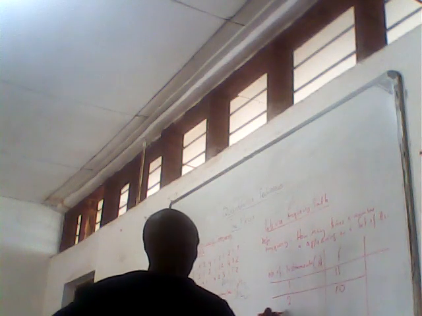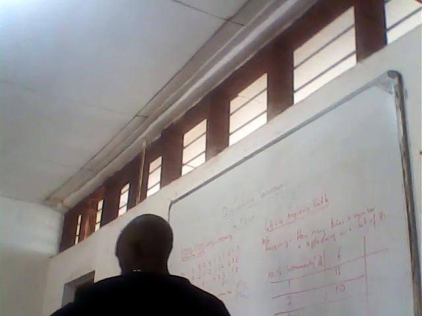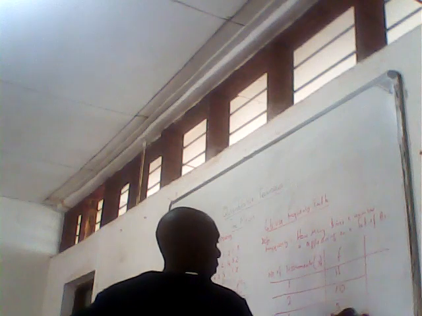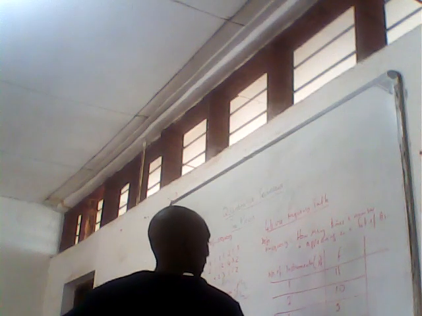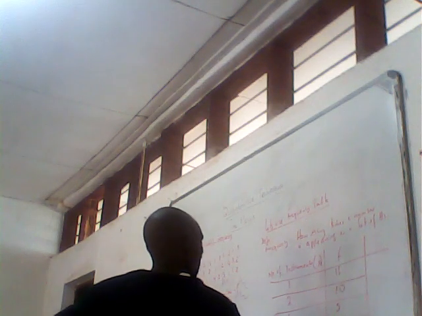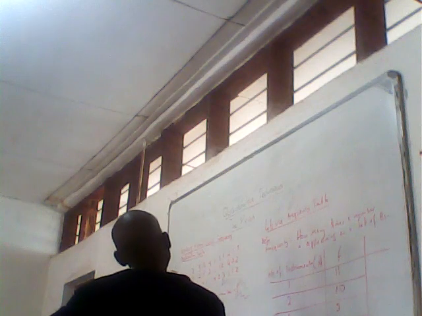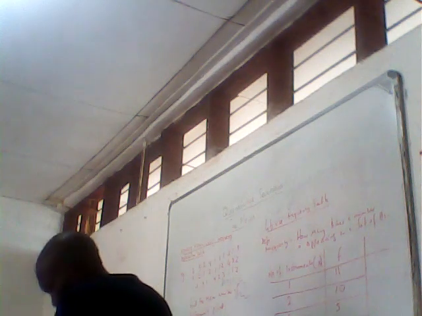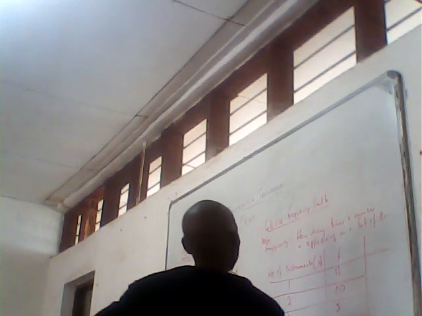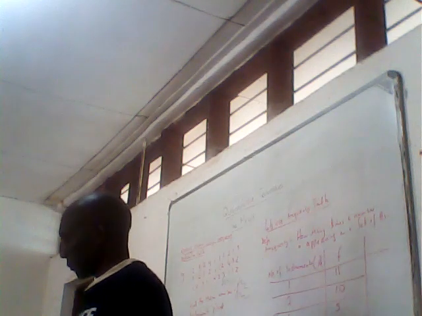You count that. 3 is appearing 5 times. 4 is appearing how many times? 4 is appearing 3 times. And 5 is appearing once.